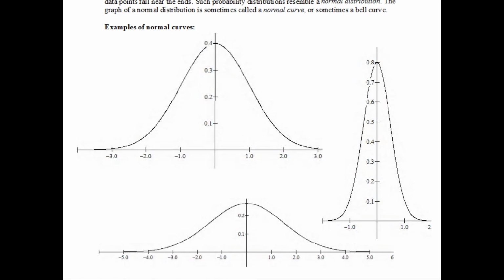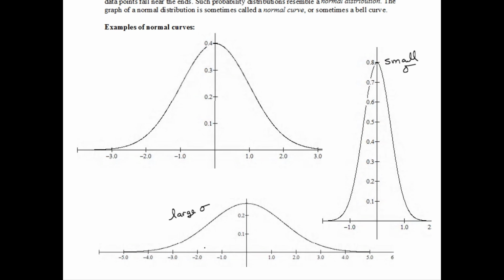This tall, narrow one is one that's not very spread out. If a graph is not very spread out, if our data points are clustered near the center, we say that we have a small standard deviation. You should be familiar with that idea. If there are more data values toward the ends and fewer in the middle, then we have a larger standard deviation.